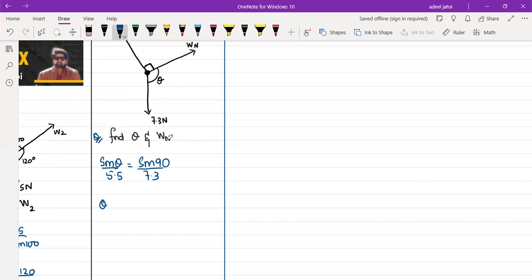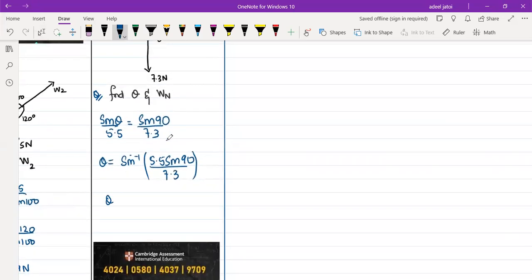If we need to find theta, this should be sine inverse of 5.5 sine 90 upon 7.3.